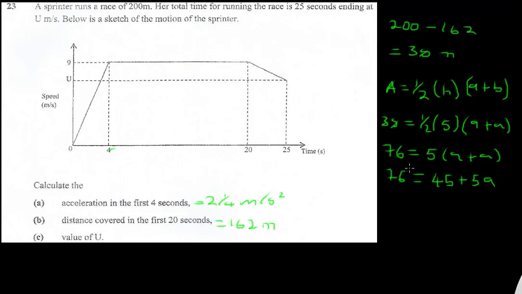And 76 plus 45 gives us 121 equals 5a. We divide both sides by 5, which gives us 24.2.